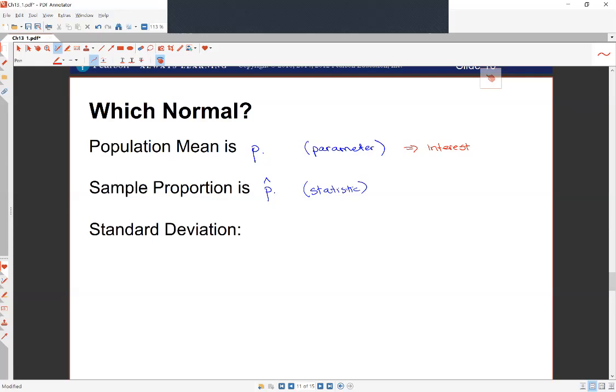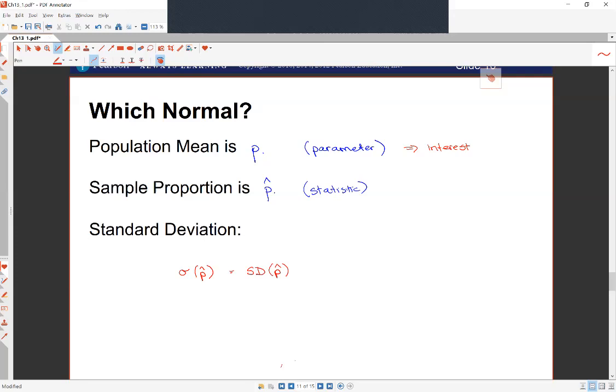And in this instance, sigma is a usual symbol that we use for standard deviation. And to emphasize that it's referring to the proportion, we're going to say sigma of P hat, put that in parentheses. You could also write it SD for standard deviation of P hat.